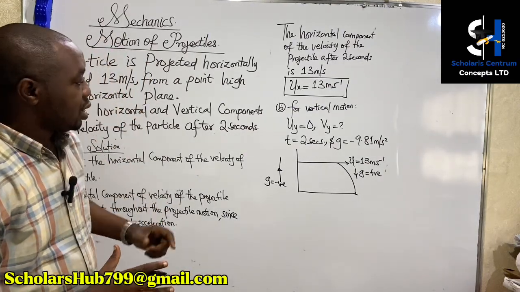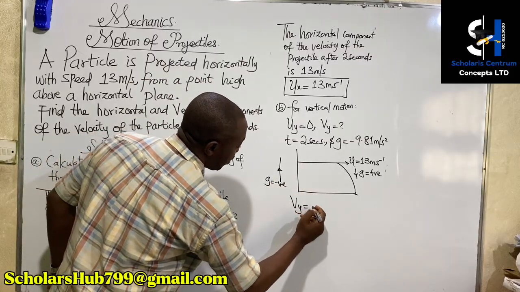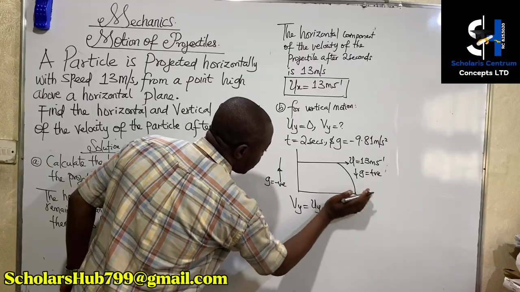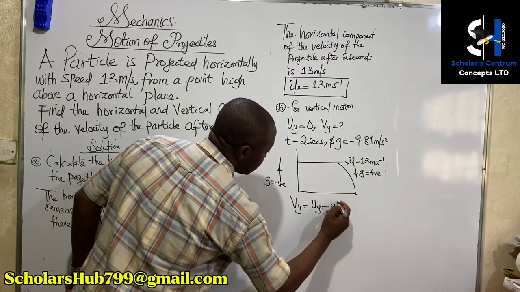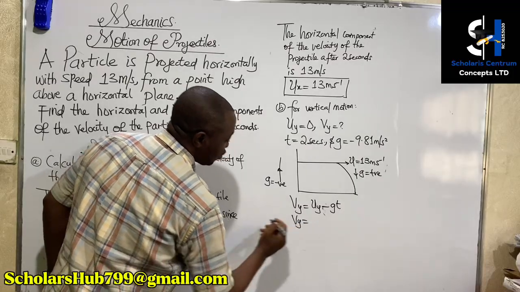So now let's set up the equation. We are going to use Vy equals Uy minus gt. Vy is what we are looking for.